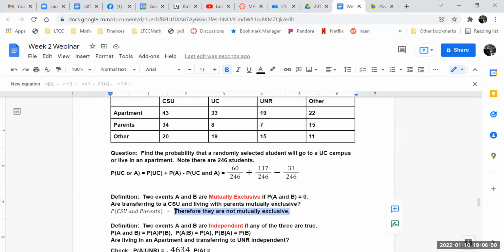Let me give you an example of something that is mutually exclusive in general. Let's suppose you're going to survey people and ask them what state they were born in. So are California and Nevada mutually exclusive?